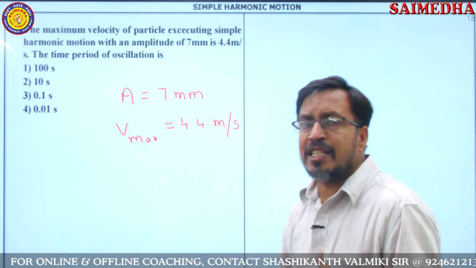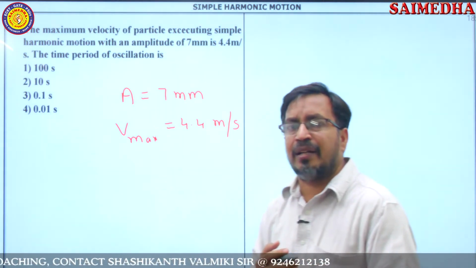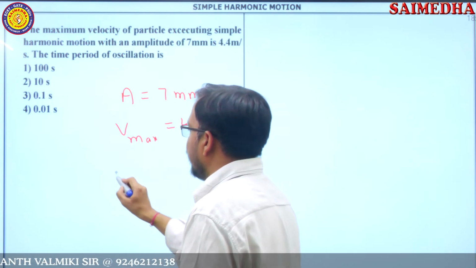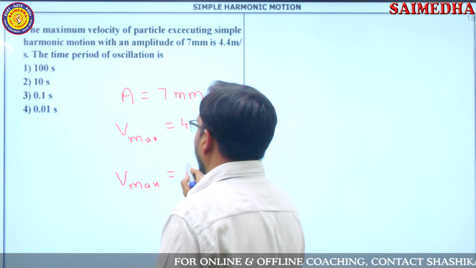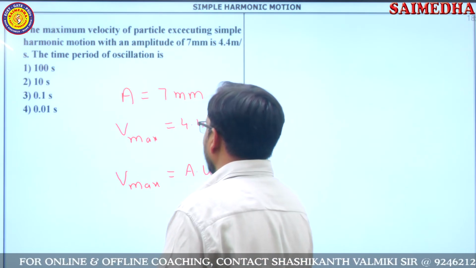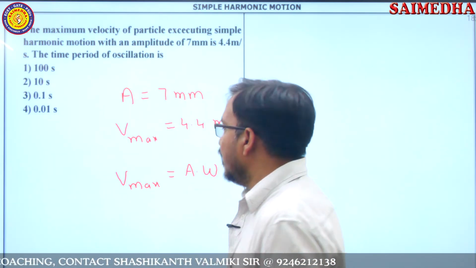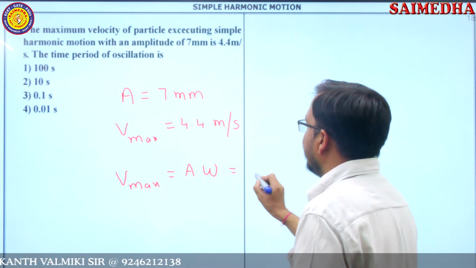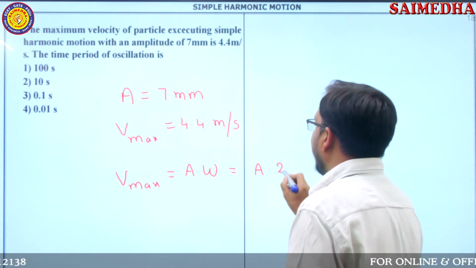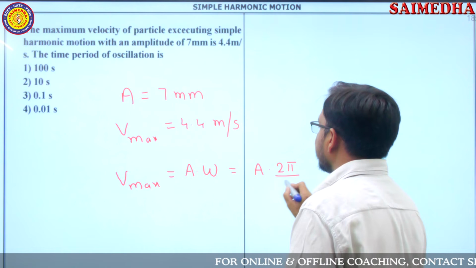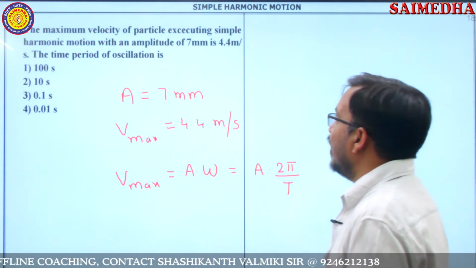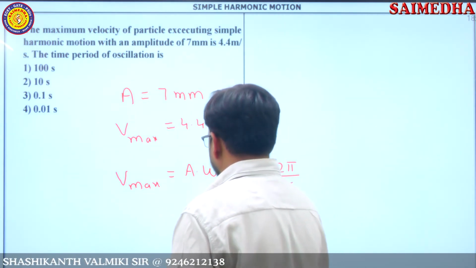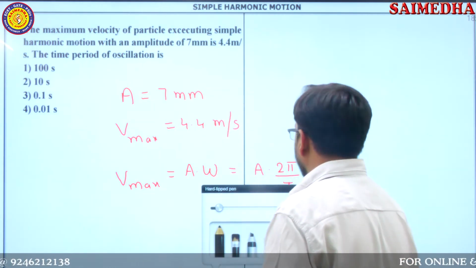Now what is the maximum velocity equation? Maximum velocity equals A omega. Here omega equals 2 pi by T, so A into 2 pi by T. This is the equation. Now I am substituting the data.